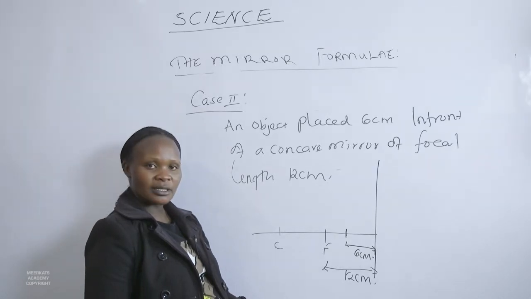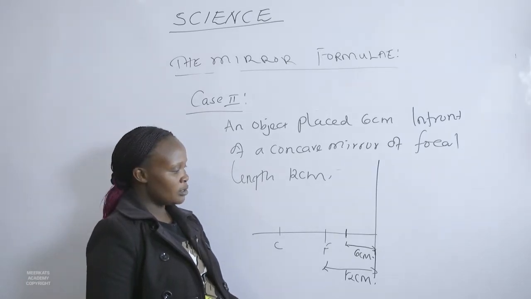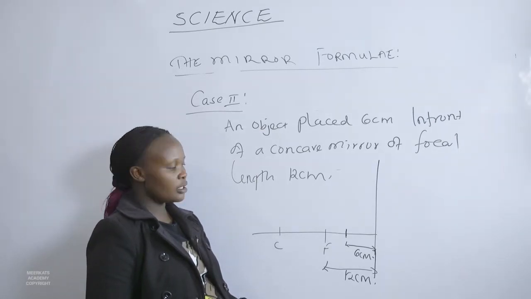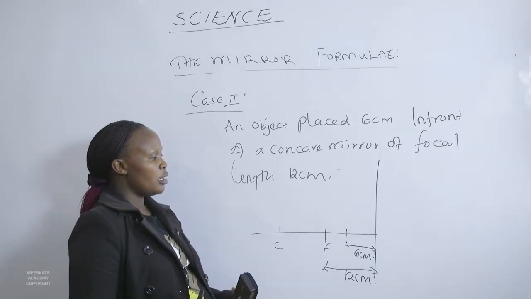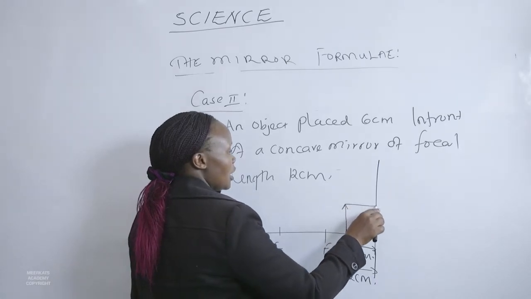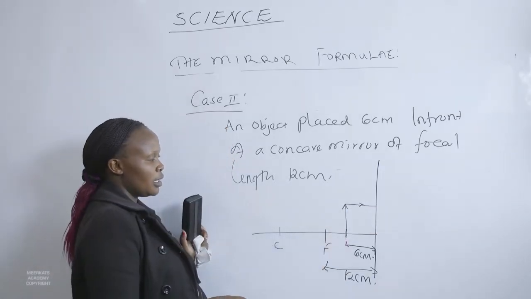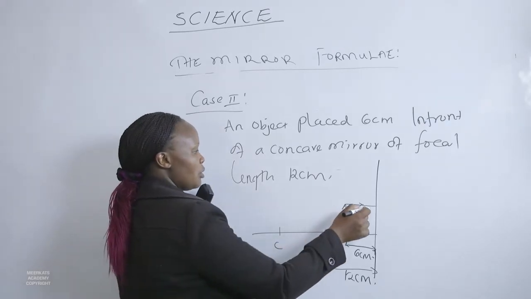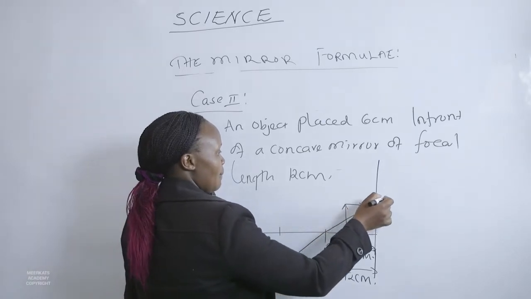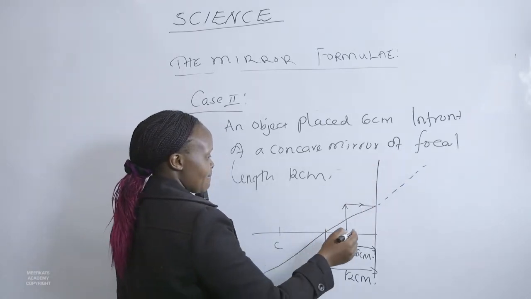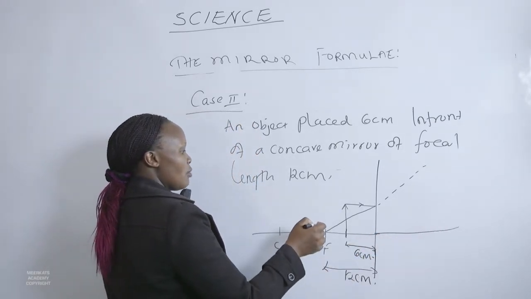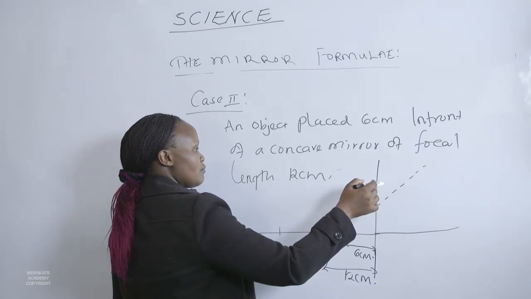Now, if we go back to the ray diagrams that we drew, we consider a ray like that is supposed to be reflected through F, then we have another one through F.